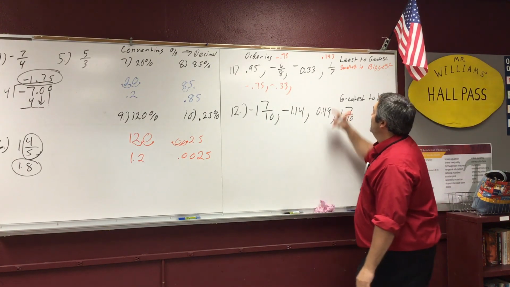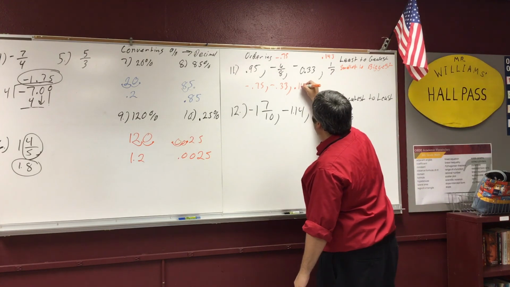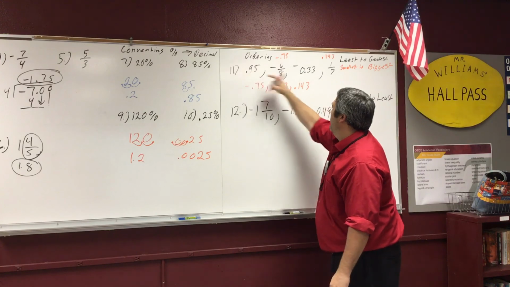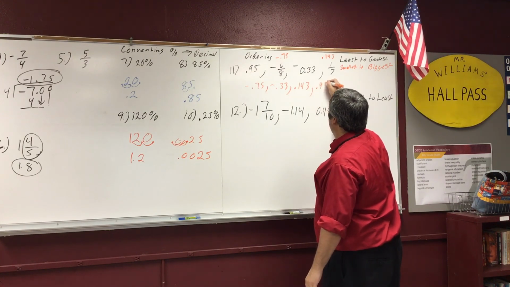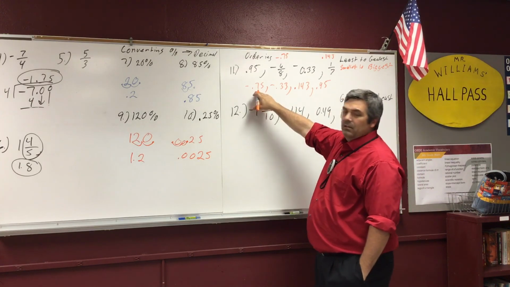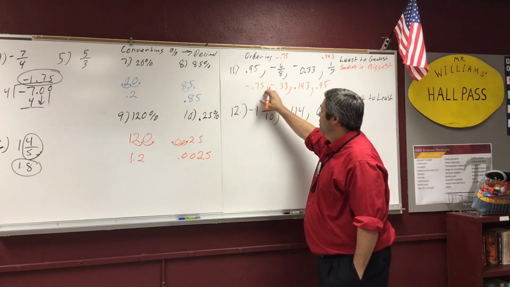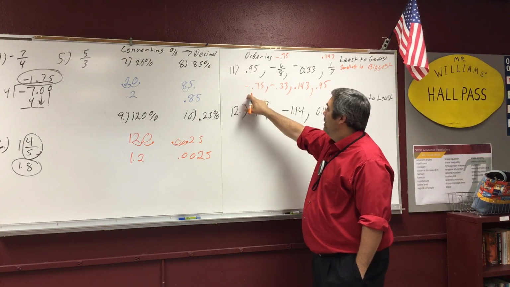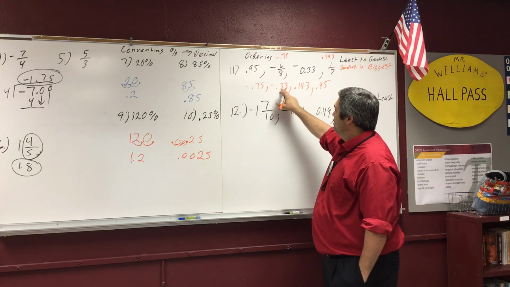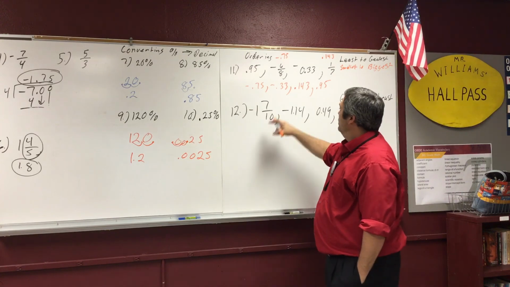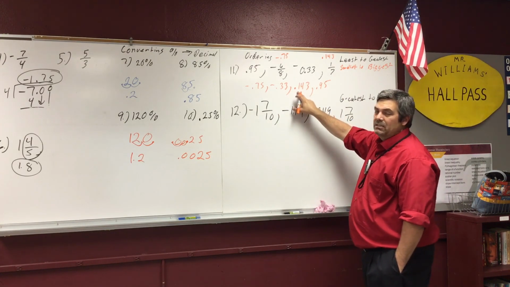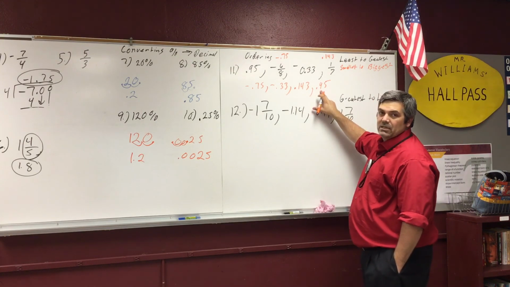But then 0.143 is bigger than this one, but smaller than that one. 0.95. I'm looking at the negative numbers first, because those are going to be the smallest. Then this number right here tells me which one's actually bigger and which one's smaller.